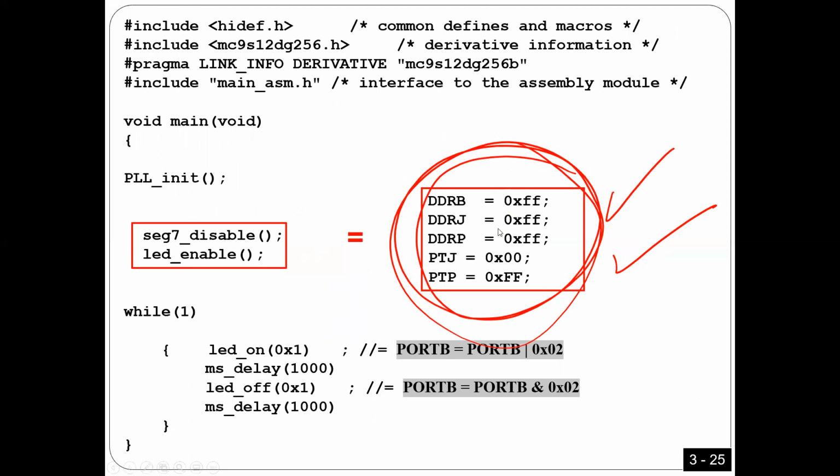One is called segment7_disable, which is going to disable the 7 segment. We have another one, LED_enable. These two functions are going to do the configuration. They are going to define the port as output and put this value here and this value here.